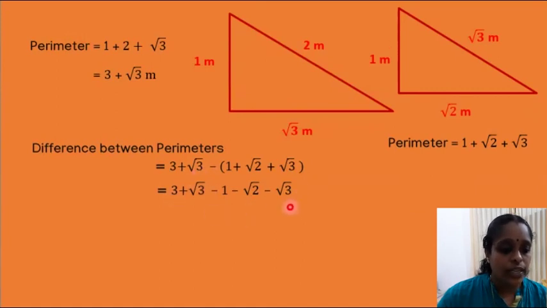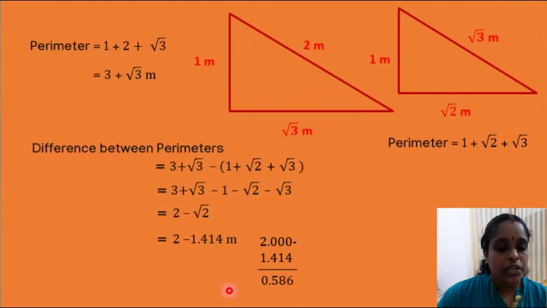So we get 2 minus root 2. And this is equal to 2 minus, the value of root 2 is 1.414. After doing the subtraction, we get the final answer 0.586. So we can say that the difference between the perimeters is 0.586 meters.